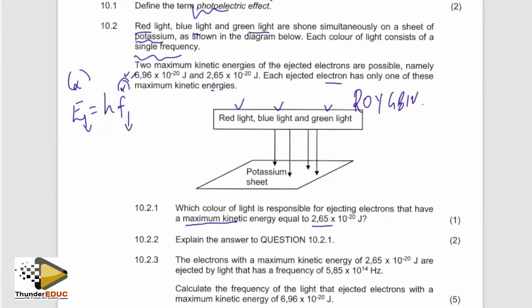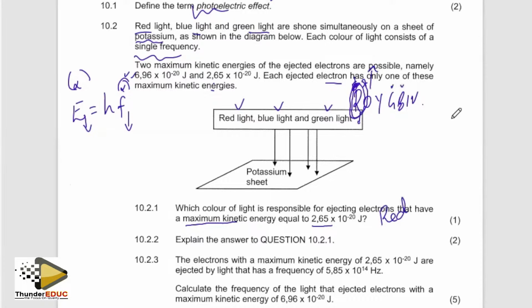Is it frequency or wavelength? So we know that red has the longest wavelength, which means the frequency is the smallest. Red has the smallest frequency compared to green and blue, so it will take on the smallest energy. So I'm going with red.